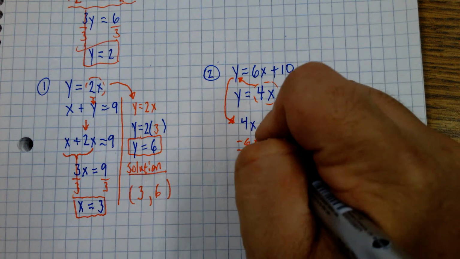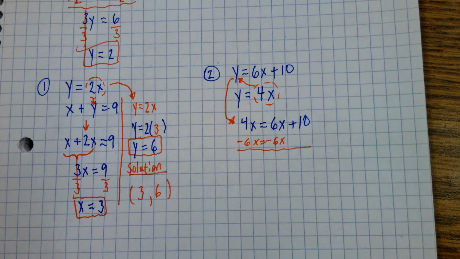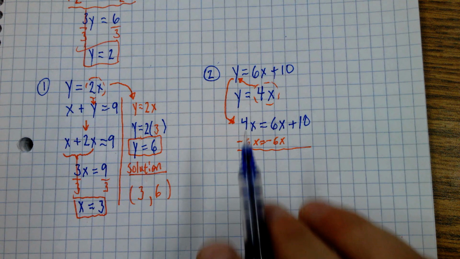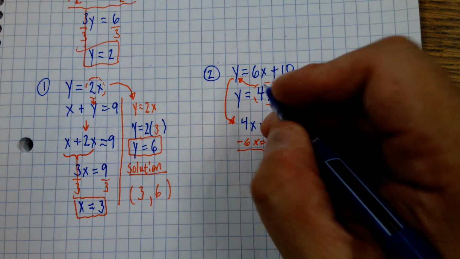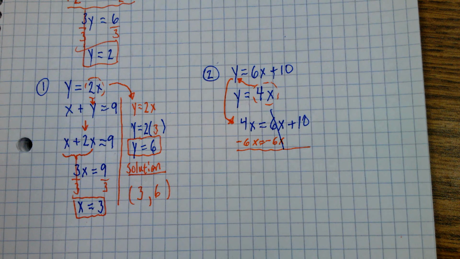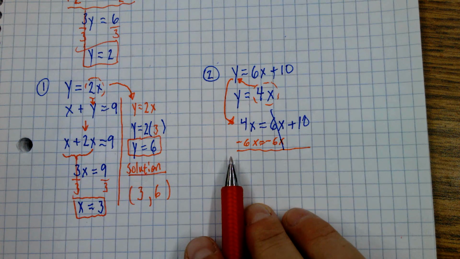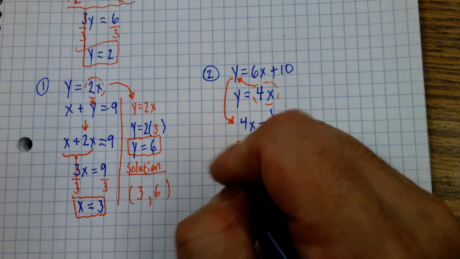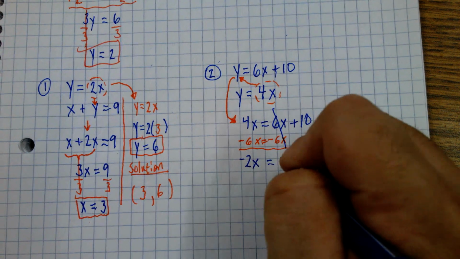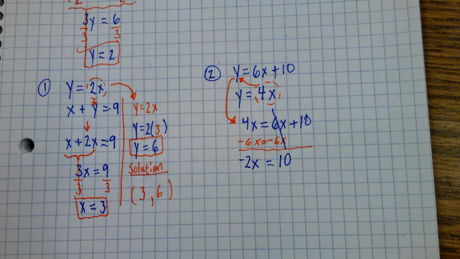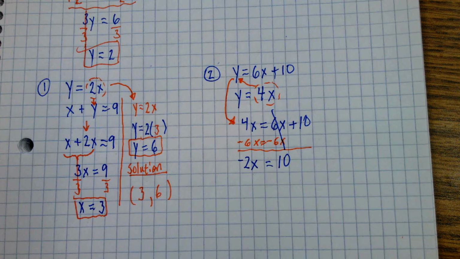So right now they're equal, which is what I want. Write this down. Okay. So first of all, 6x and negative 6x, they make 0. They're gone. And now on the other side, I have 4x minus 6x. That's negative 2x equals 10. All right. Do me a favor.